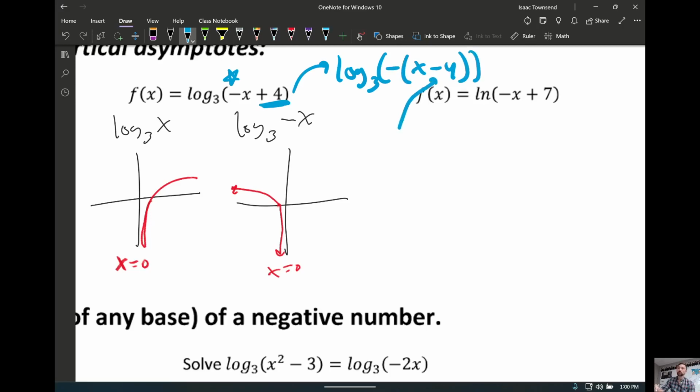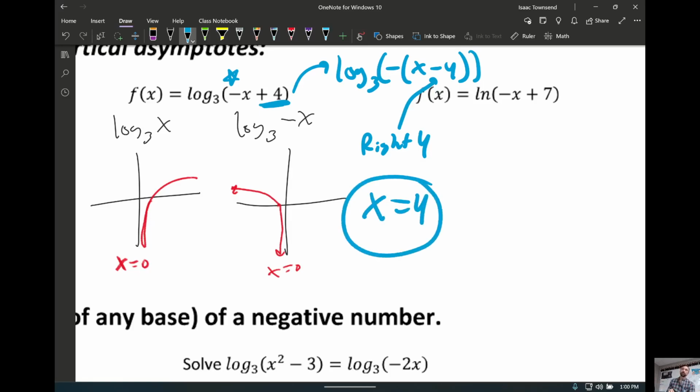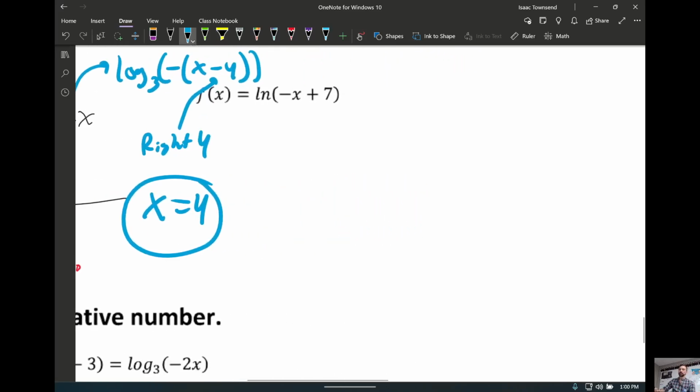So even though this looks like it should be left 4, because you're reflecting over the y-axis and this negative is really going to both of those, this is actually going right 4, which would move the vertical asymptote right 4 also. And you feel free to graph that in your calculator if you need to see a visual to be convinced.